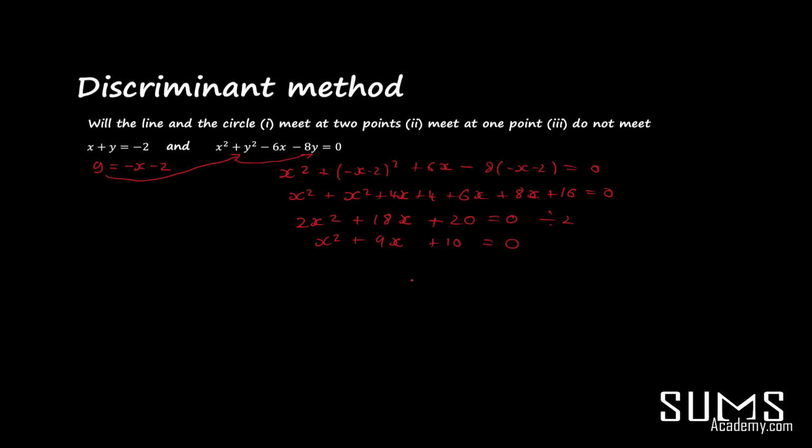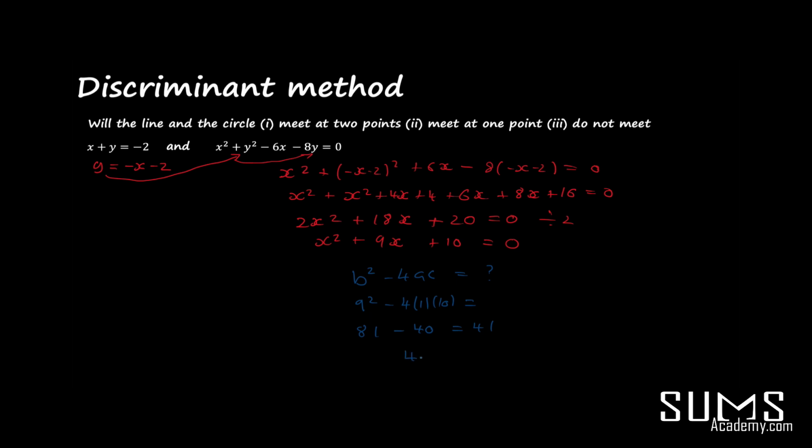Okay, now we need to use the discriminant. So now we need to think about, well, is b squared minus 4ac equals what? So now we've got 9 squared minus 4 times 1 times 10 equals, so this becomes 81 minus 40, which is equal to 41.